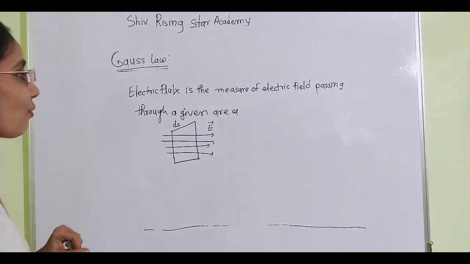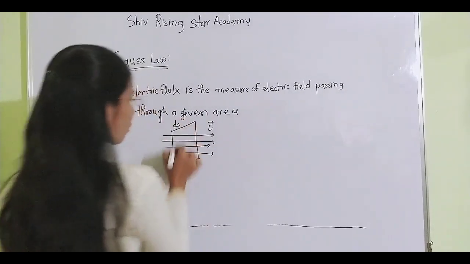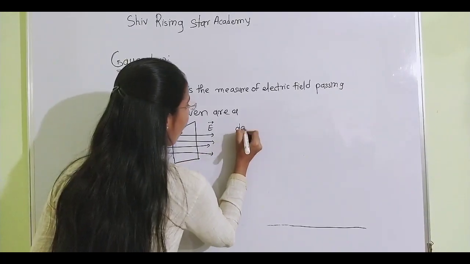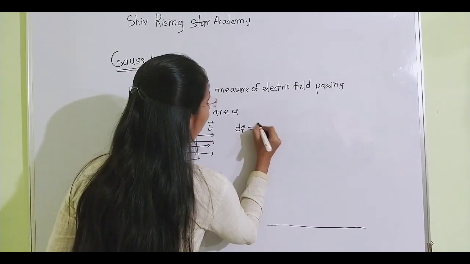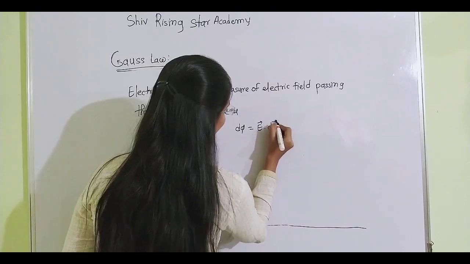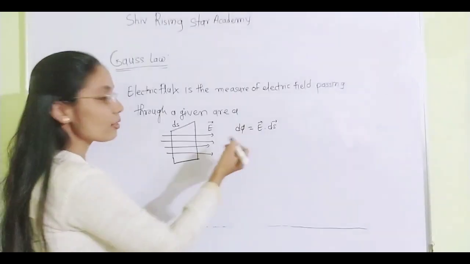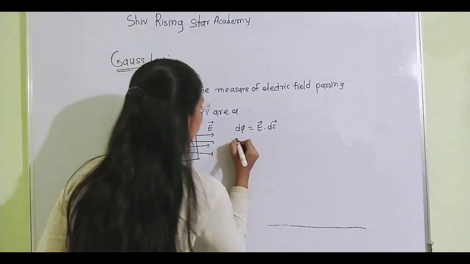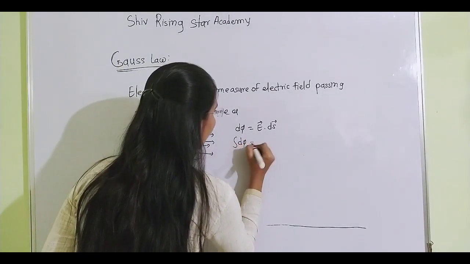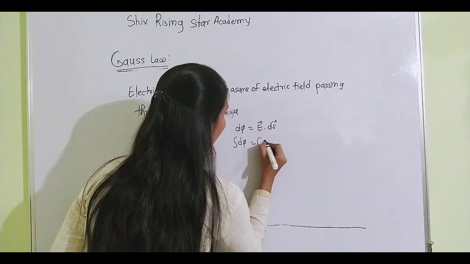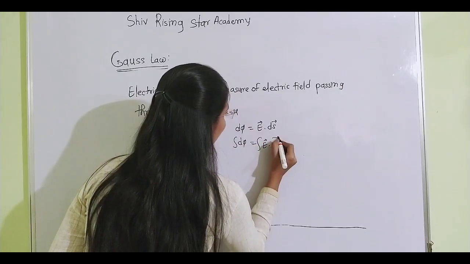That is the electric flux. We consider a small area, that is dφ is equal to E bar dot dS bar. And when we have to calculate the total flux, we can integrate this. So integration of dφ is equal to integration of E bar dot dS bar.